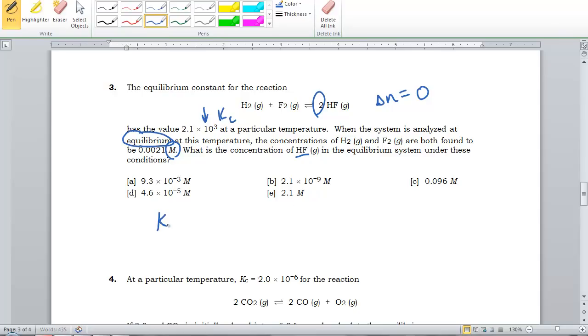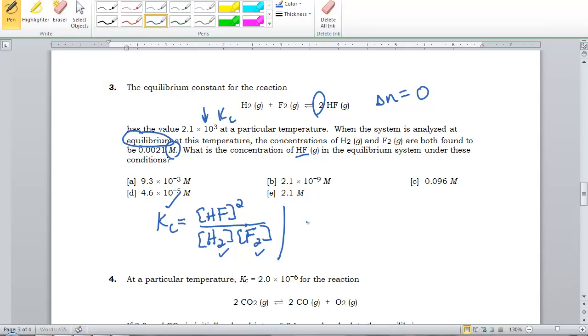So starting with our Kc, products to the power of the coefficient over reactants multiplied together to the power of the coefficients. We are given Kc, we are given H2 and F2 concentrations at equilibrium. What is the concentration of HF?